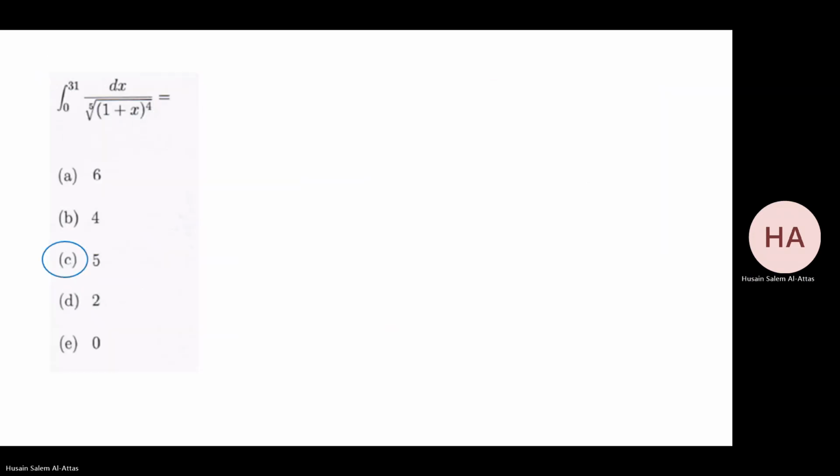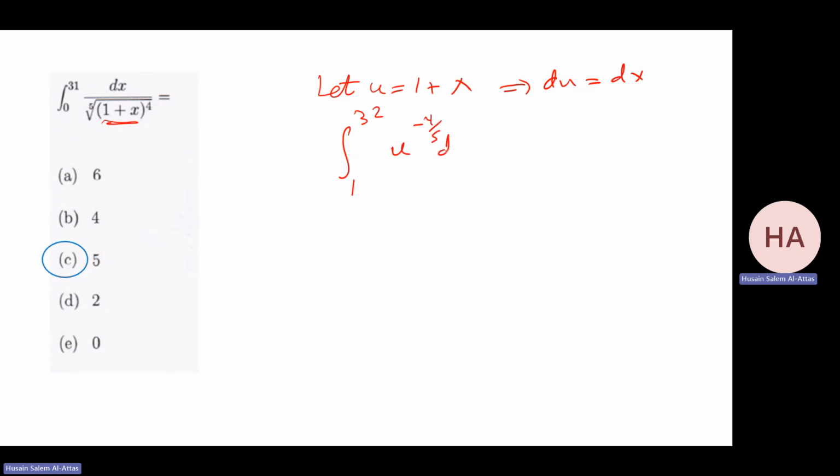Okay, this one, what will you do? You need to change this to u, so it will be easy to deal with. So du equals dx. Now change the limits: that will be 1 and 32. I have the integral of u to the power minus 4 over 5 du.